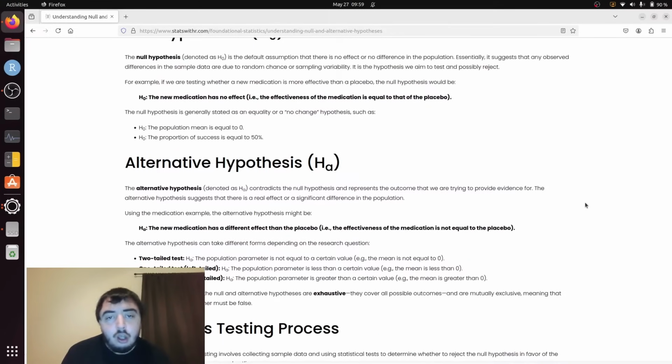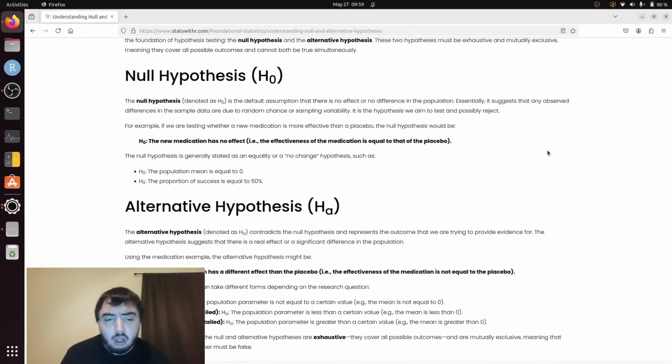But if you do a one-tailed test, the H0 and HA, the null and alternative hypothesis, are slightly different. Let's say we assume the effect to be positive, like the treatment group will have higher test scores.